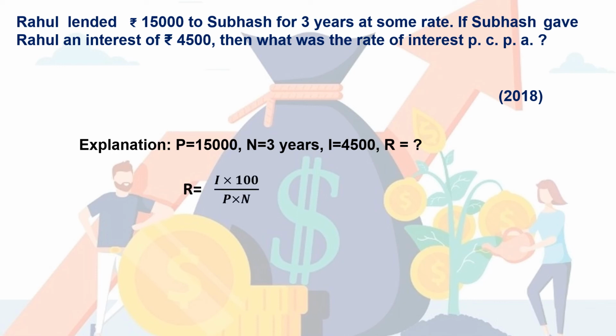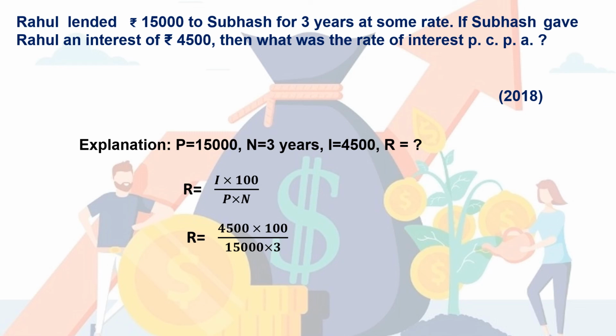Now we rearrange the formula. So R is equal to interest into 100 upon principal into time period, that is N. Substitute the values. R is equal to 4,500 into 100 upon 15,000 into 3.